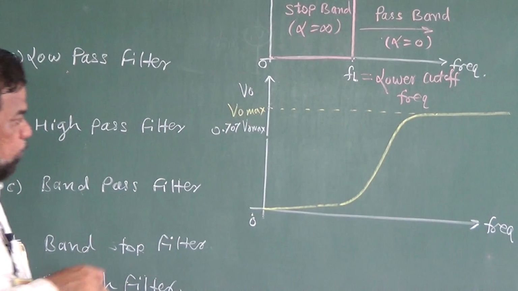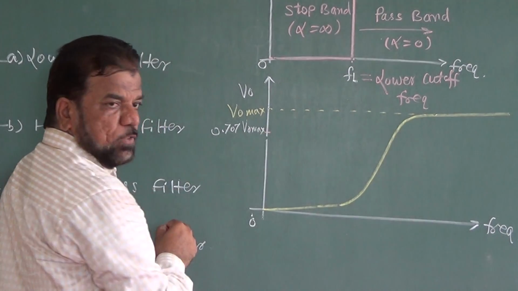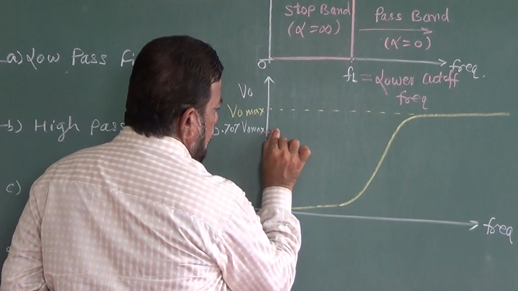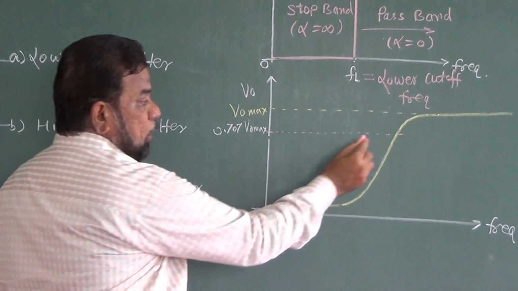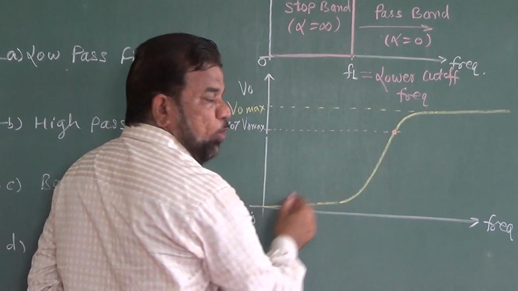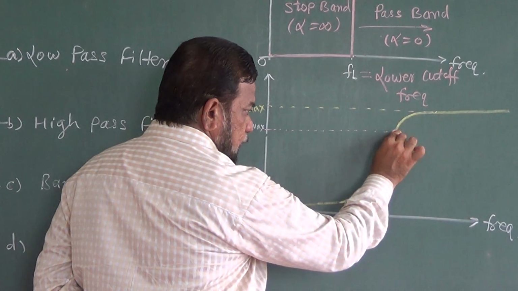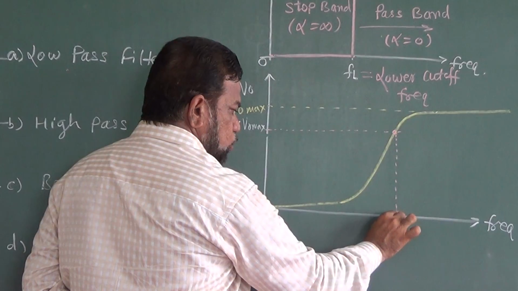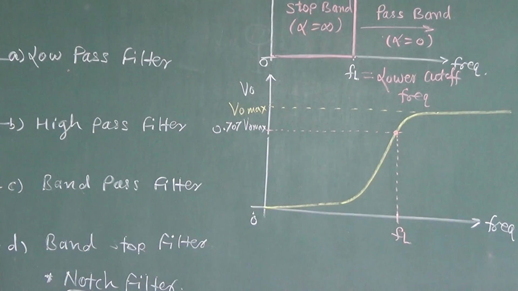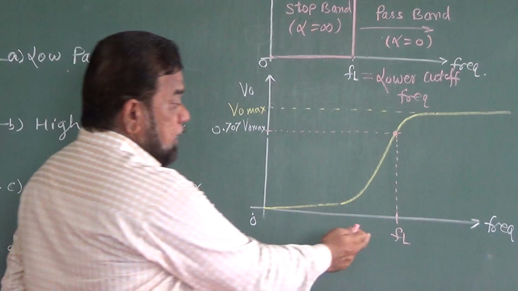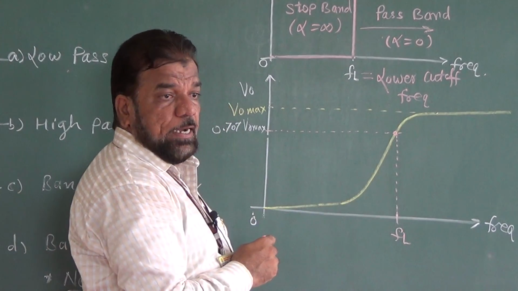So that point is somewhere here. Then I will draw one horizontal line. That horizontal line cuts the response at this particular point. Then from this I have to draw one vertical line. So this point is nothing but FL. This FL separates your pass band and stop band.